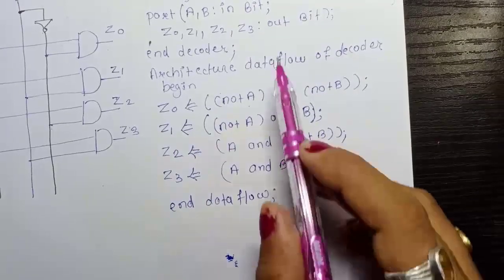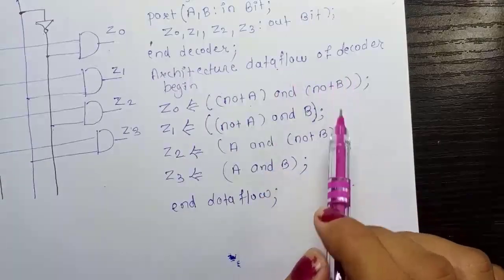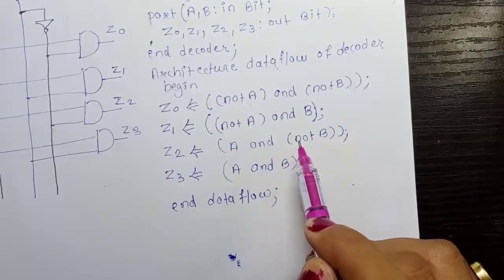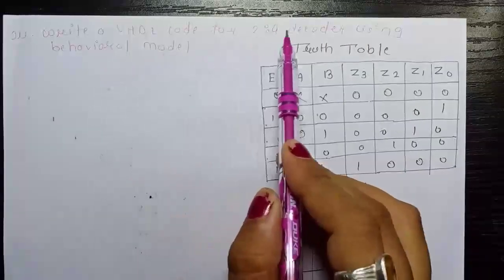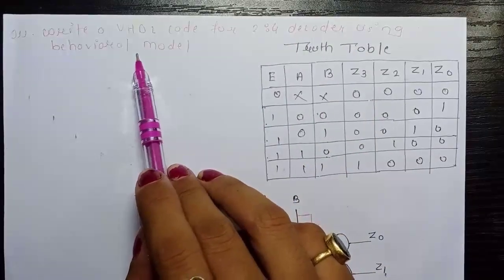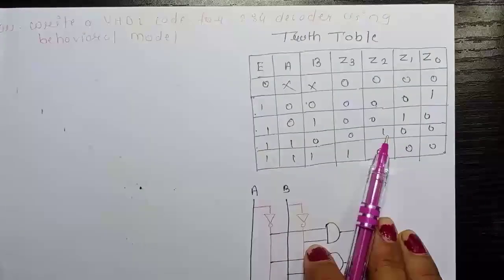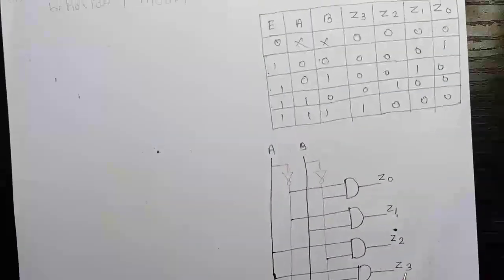Next we will see how to write this VHDL code for 2:4 decoder by using behavioral model. So next is write a VHDL code for 2:4 decoder using behavioral model. This is the truth table for 2:4 decoder and this is the logic circuit for 2:4 decoder.